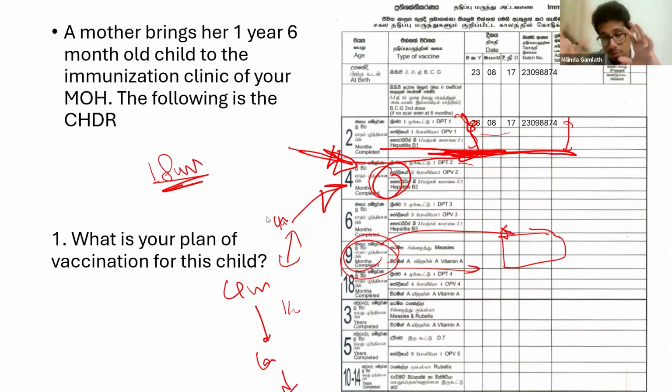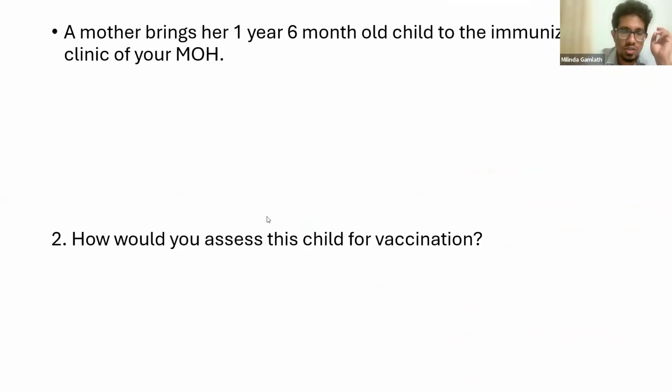There's an additional principle regarding how you keep vaccines once you open them; we will discuss that if we have time, right? So those are the key principles you need to know. So next question: how would you assess this child for vaccination? Imagine this could be a role play as well, or an actual scenario where there is a child and you are told to assess the child.